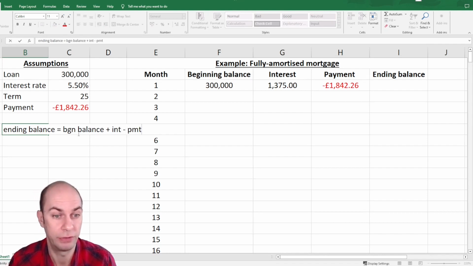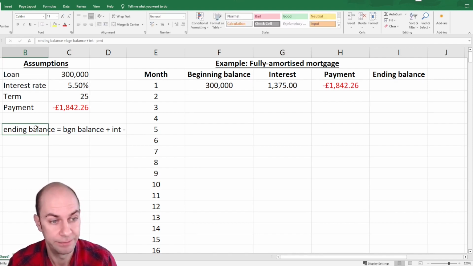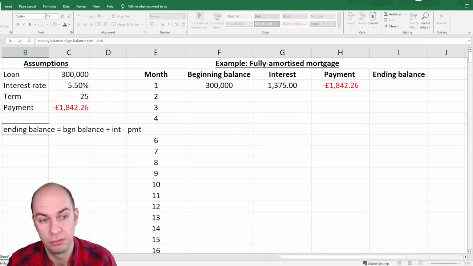That's the logic, really. Think about it. Why should that be the case? Well, I'm taking the beginning balance. I am adding the interest because I'm accruing the interest on the beginning balance, and then the payment is amortizing that down. So that's how I'm going to get the ending balance.